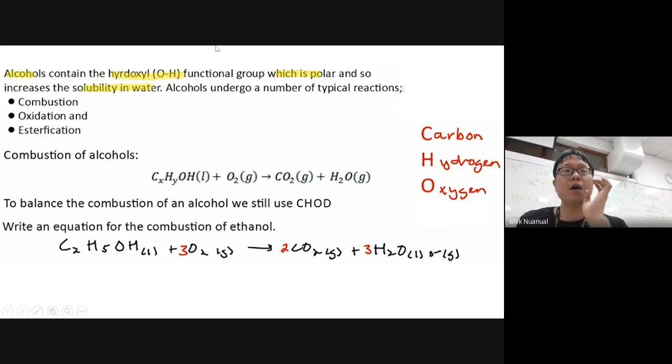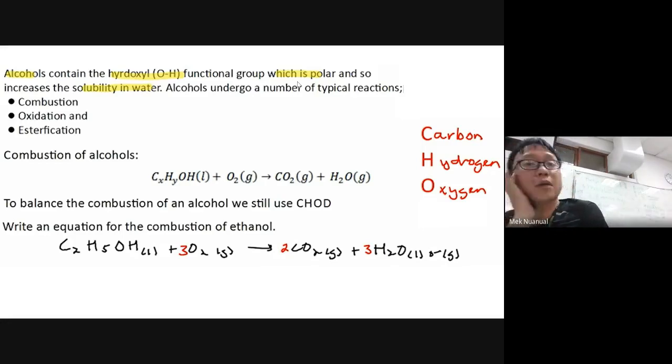So anyways, recall that alcohols have your hydroxyl functional group. Sorry, I spelled it wrong. And you know that it's polar, and that increases its solubility in water. What is the class name of this again? Remember from that other video I sent you?